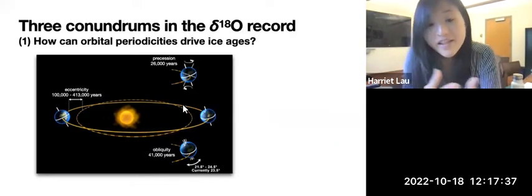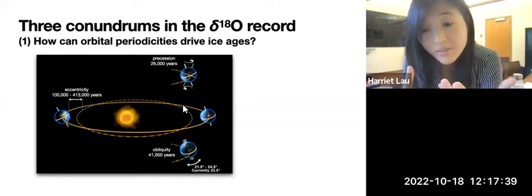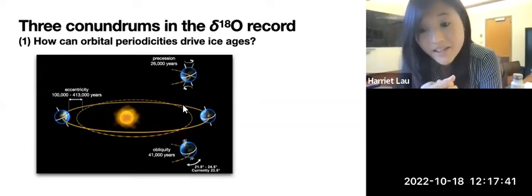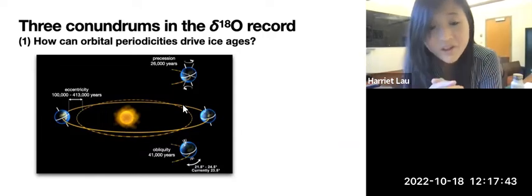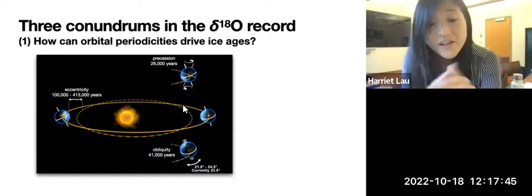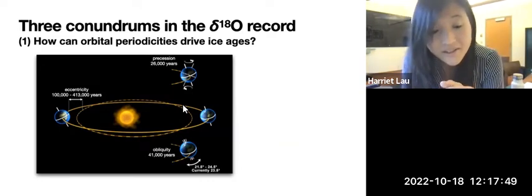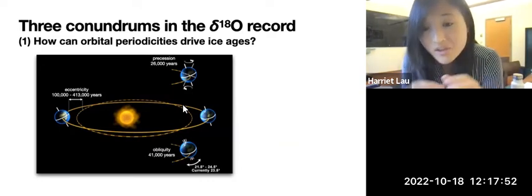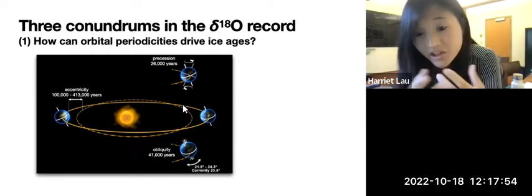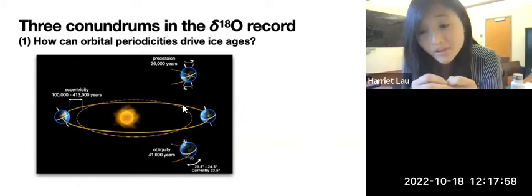And so within the context of the oxygen isotope record and Milankovitch cycles, there are several mysteries or conundrums. The first is how orbital cycles can drive ice ages. These orbital variations are extremely slight, and the resulting changes in Earth's insolation are equally slight.